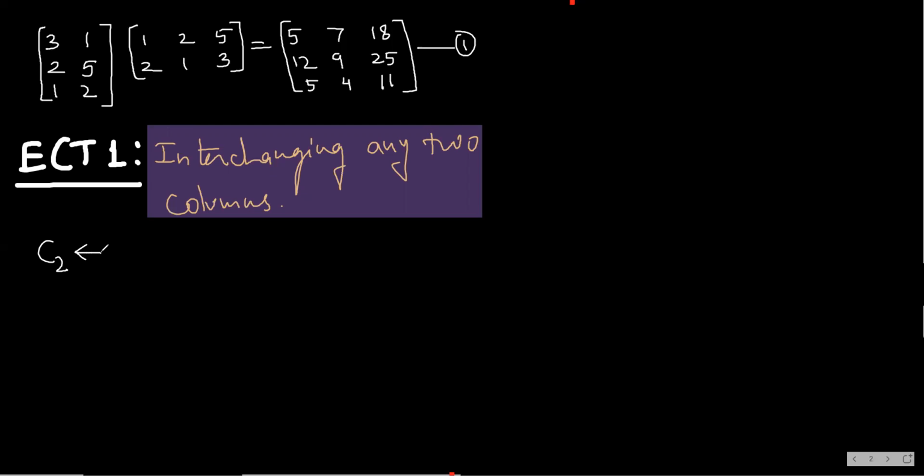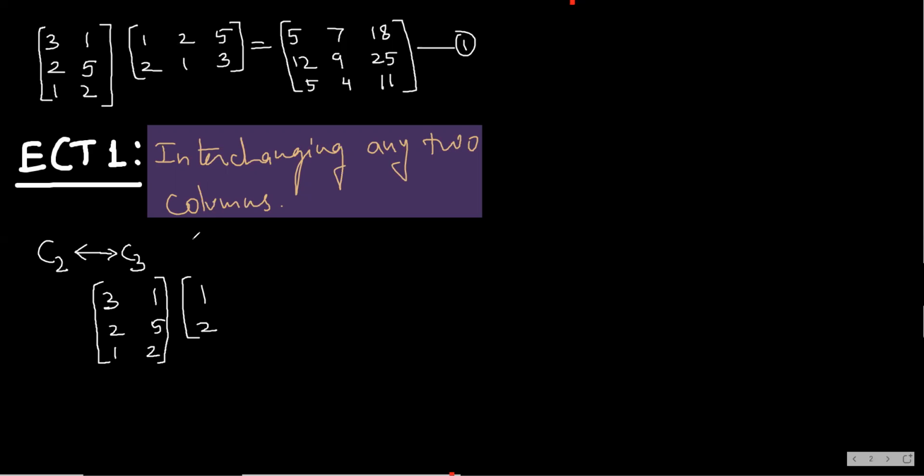What does it mean? That columns C2 and C3 of the post factor matrix will be changed. So when you apply this, see what will happen. Will there be any change on the prefactor matrix? Absolutely no change, because the prefactor matrix does not change when we apply a column transformation.